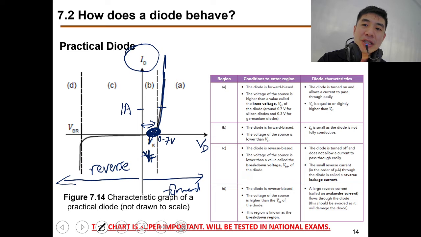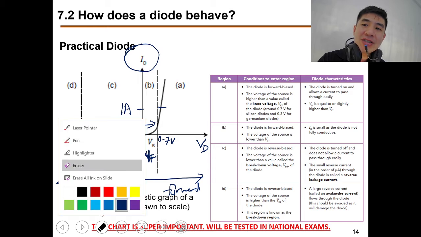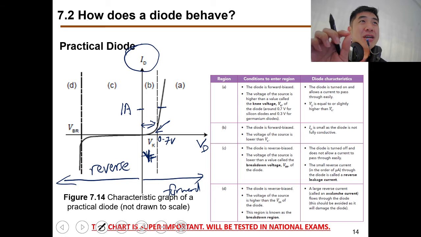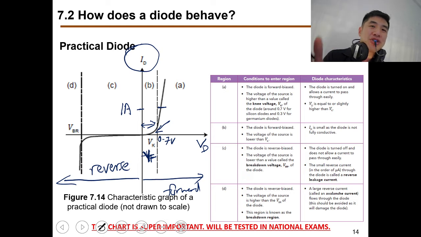Over here there is some current, but normally in most situations we don't bother about that because it's so small, maybe 0.05 amperes, about 50 milliamps or less, maybe 0.03. So it's not worth mentioning.